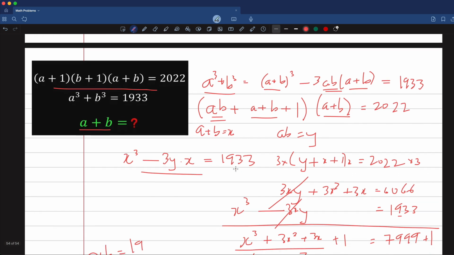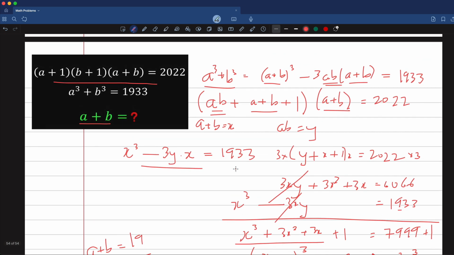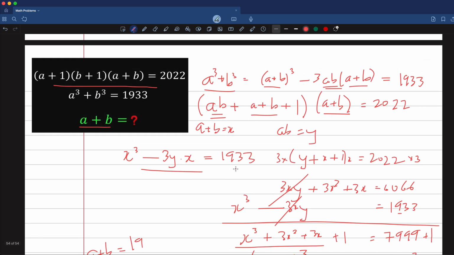So why this particular problem, and what can we learn? The key thing to remember is that in math, sometimes you might be given complex equations and complex forms, but do not get bogged down by it. Learn how to tackle the complexity. The idea is not to figure out what a individually is and b individually is, but rather to think of the question as being asked about a plus b. Think of two variables put together to form another variable, which is what you want to solve for.